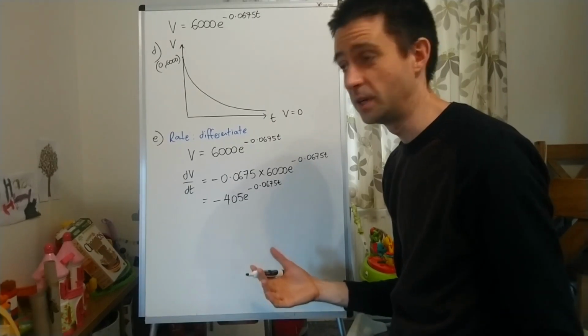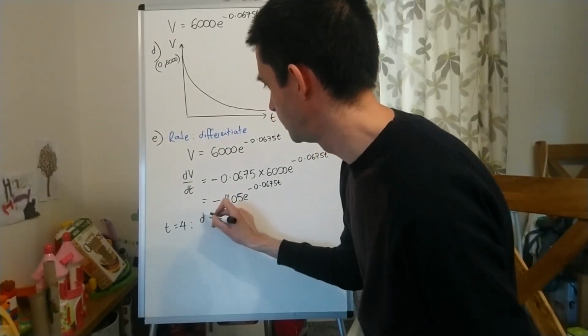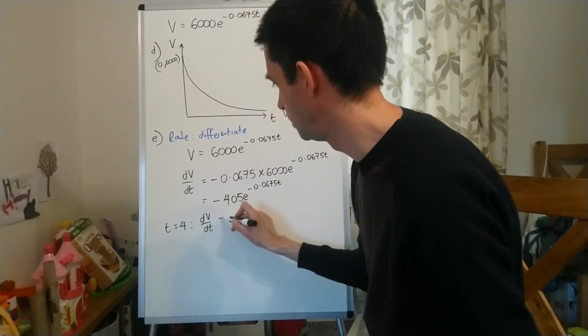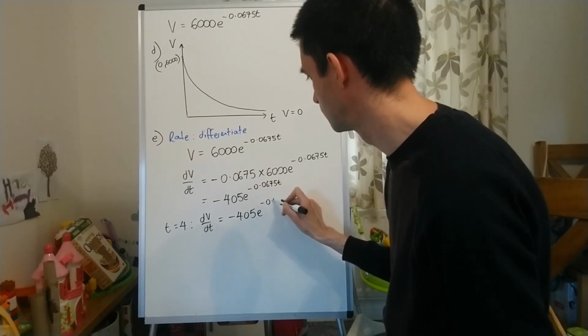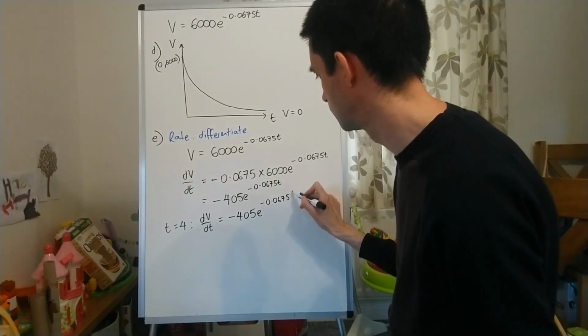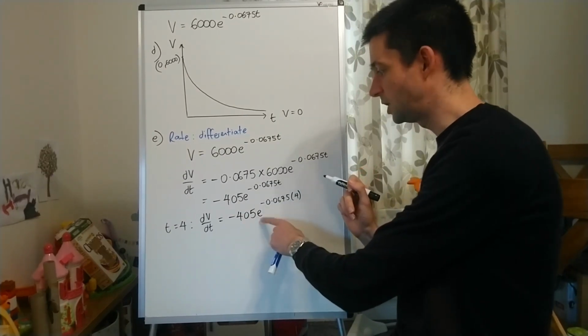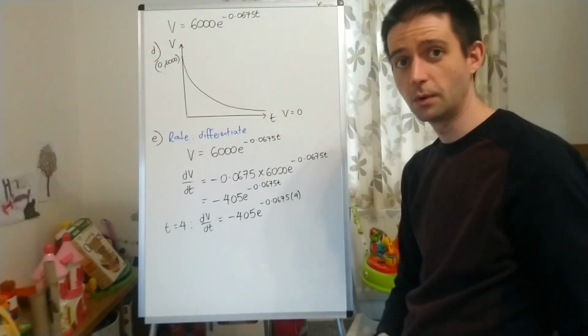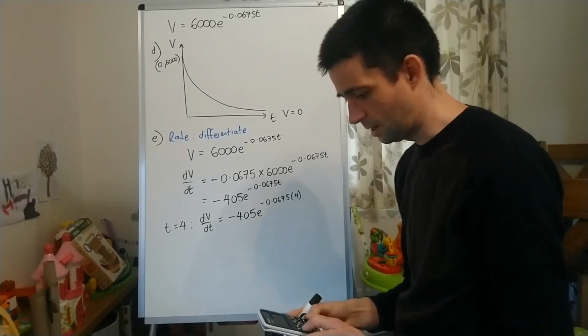I'm asked for this rate when t is 4. So if t is 4, I substitute 4 into my value for dv/dt. So negative 405 e to the power of negative 0.0675 times 4. So let's do that now.